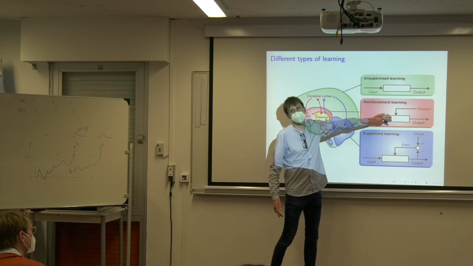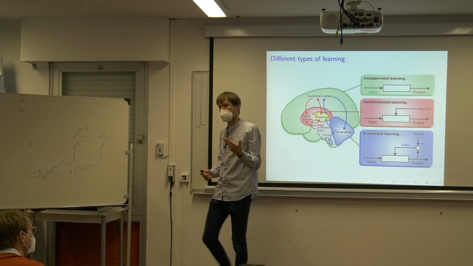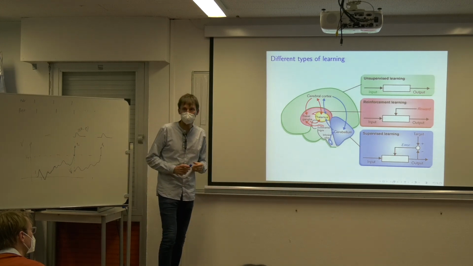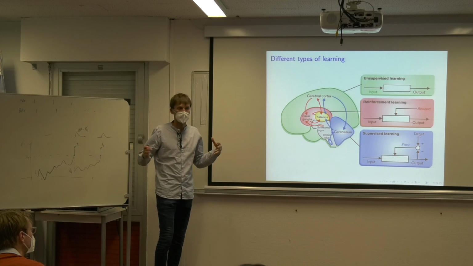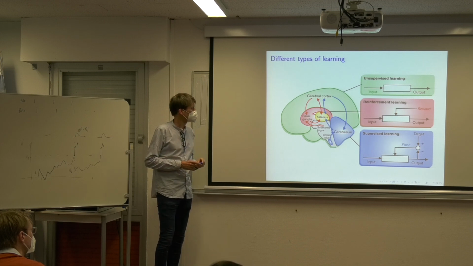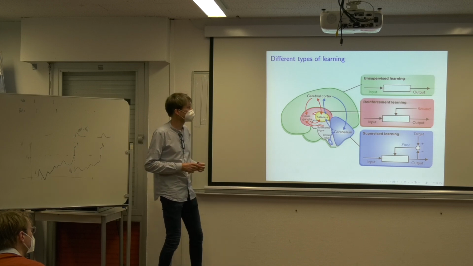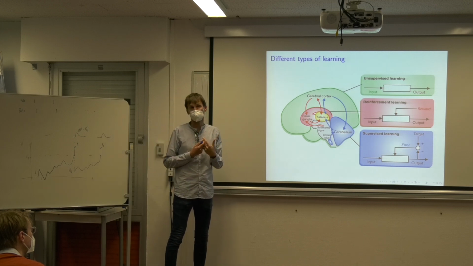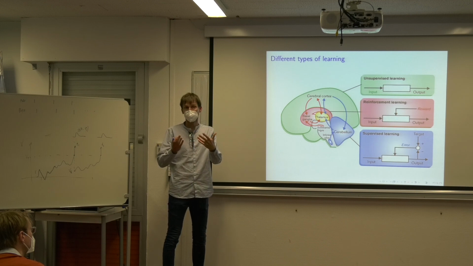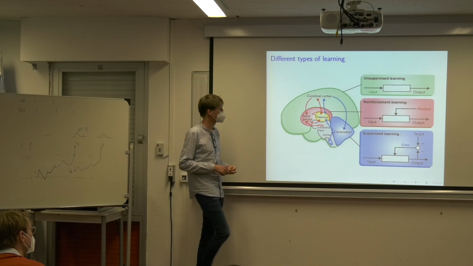Reinforcement learning is learning where the plasticity is gated by reward. So the idea is that animals just explore the world, and at some point they get some rewards, maybe some food. And the idea is that you want to reinforce actions that you learn lead systematically to rewards.